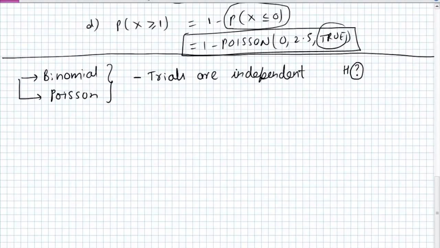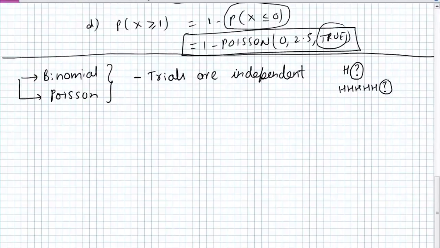So trials are independent. It hardly matters what happened earlier. There is no memory associated with what will happen next. So even if somebody got 5 times continuous heads, that does not mean the sixth one is more likely to be a tail.